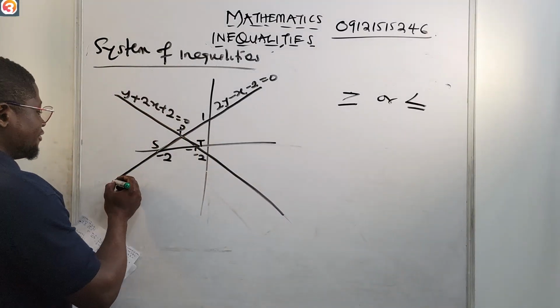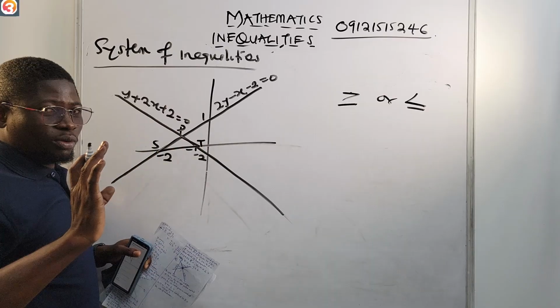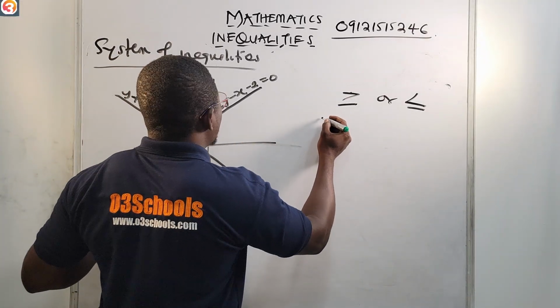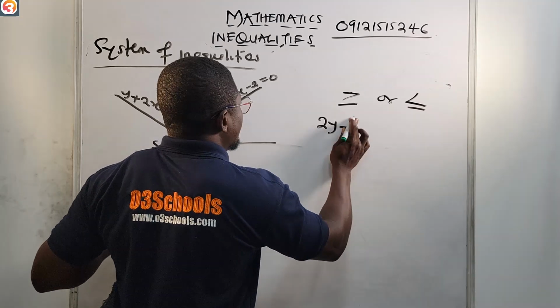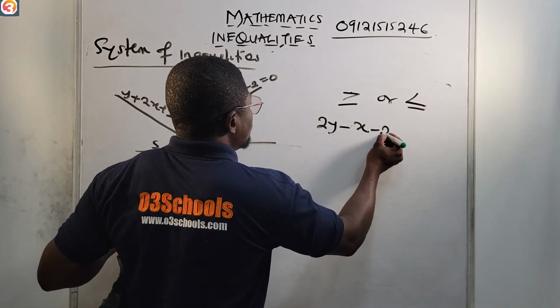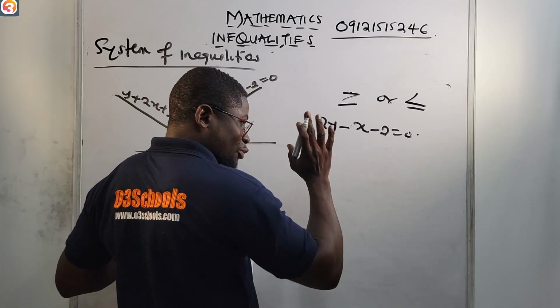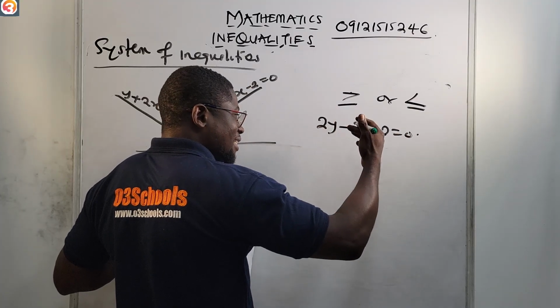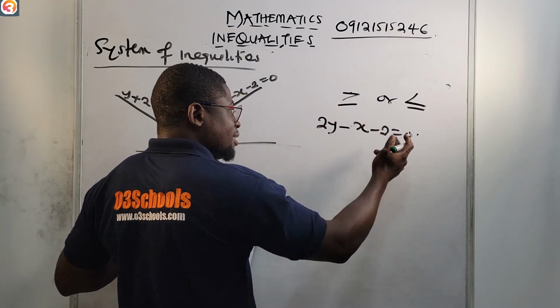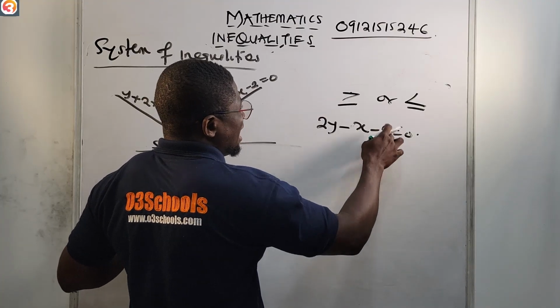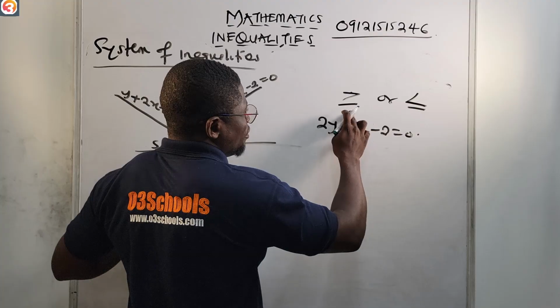All right. So now for this first line, since you know that the lower region is satisfying the inequality, the first equation is 2y minus x minus 2 is equal to 0. Okay. So instead of equal to, we put the inequality sign back. So since the lower region is presented, I'm going to have less than.